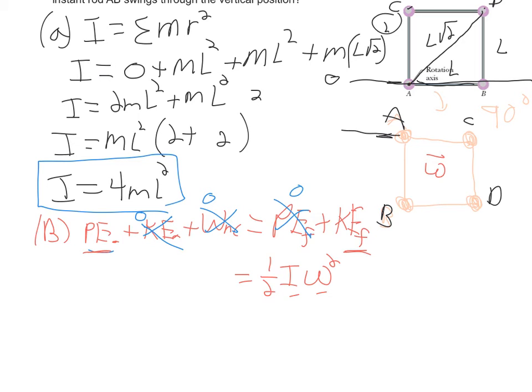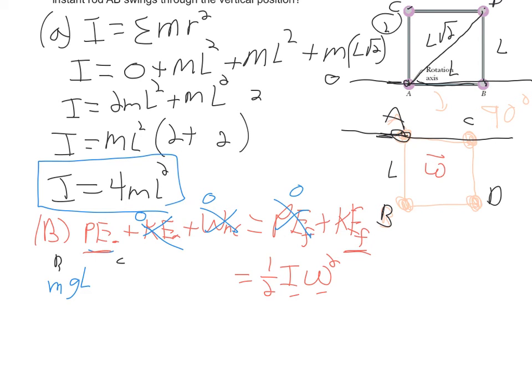You see that line is now here. A started on that line and ends on that line, so it has no change in gravitational potential energy. B started on that line and is now a distance L down, so it's going to have a gravitational change in energy of mgL. So that's from B.